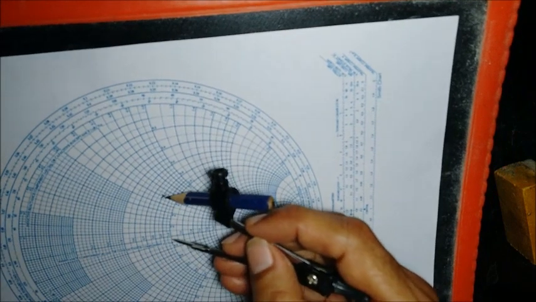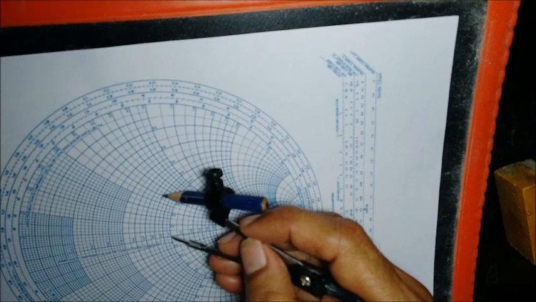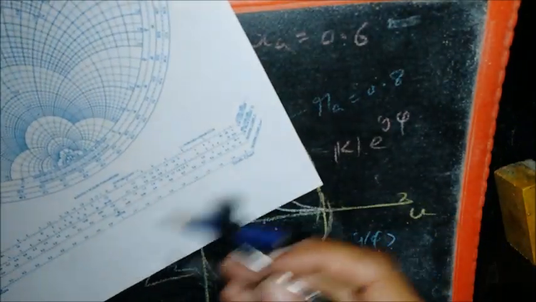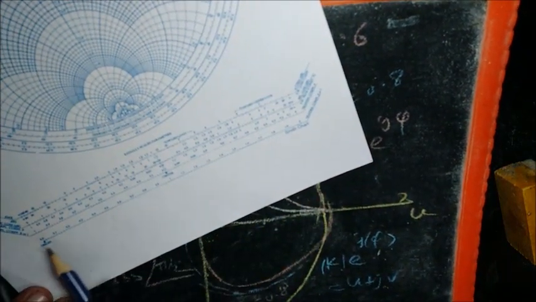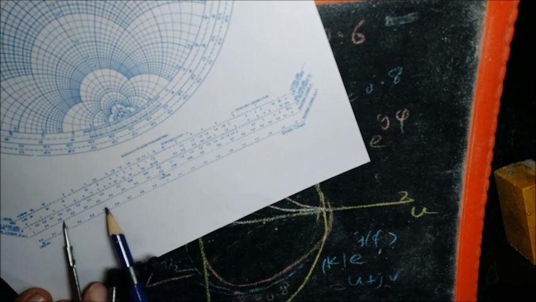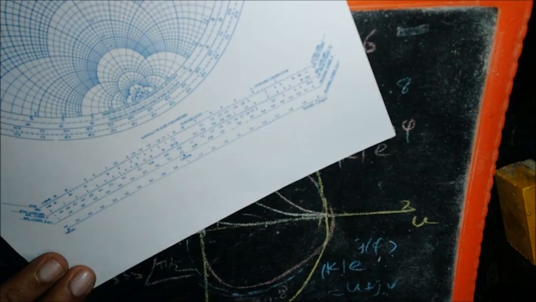Now after fixing this on the compass, you should come back. There will be a scale here. Any useful Smith chart should have a scale here. And in the scale, you can see you have to use the reflection coefficient E or I scale.